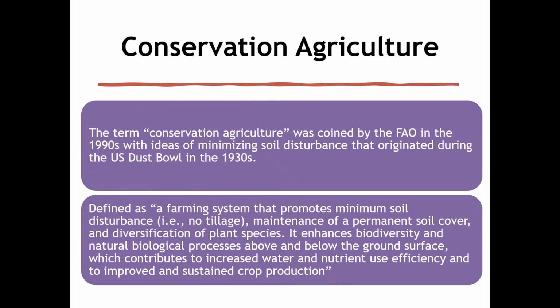And if I were to restate the definition that I found, it is a farming system that promotes minimum soil disturbance, and it focuses on no-till, maintenance of permanent soil cover, and diversification of plant species, and it enhances biodiversity and natural biological processes both above and below the ground, and the process also contributes to increased water and nutrient use efficiency and to improved and sustainable crop production.